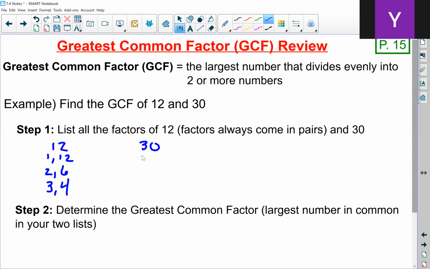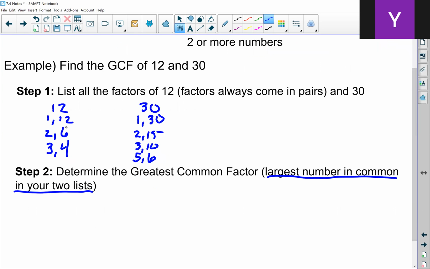And if we go to 30, again, always starting with 1, 1 and 30, 2 and 15, 3 and 10. 4 doesn't work. 5 and 6. And now the greatest common factor is the largest number that is in both of your lists. So it looks like 6 is my greatest common factor.